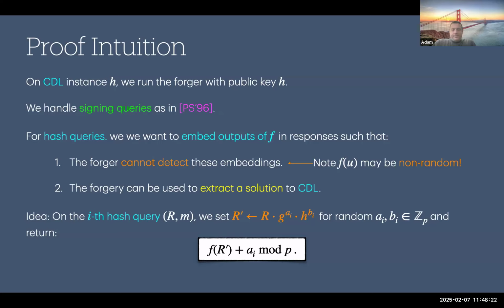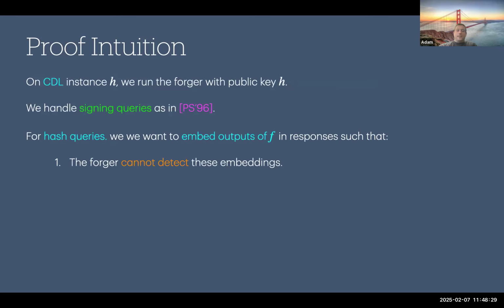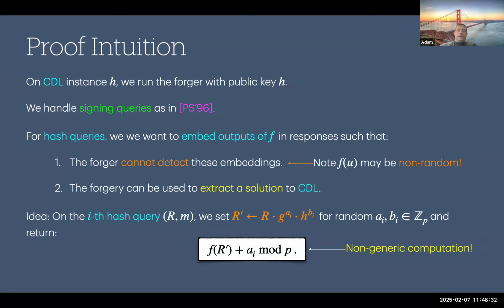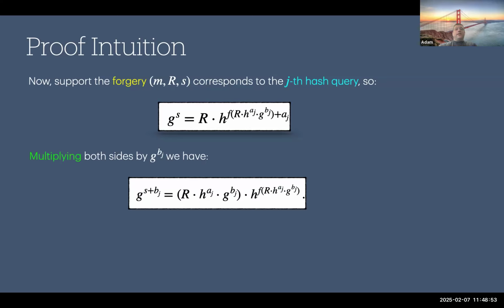So does it make sense? It's really simple to just check. I'll just make a point here: our reduction is not generic because it's computing F. And now we can show by some simple algebra that if the adversary forges, say the jth hash query corresponds to his forgery, then we multiply both sides by b_j and we get this equation.